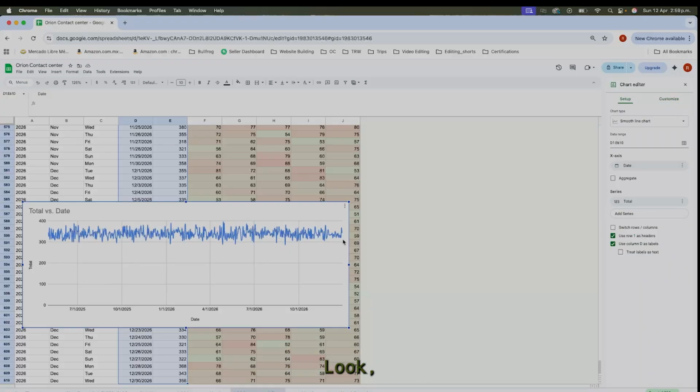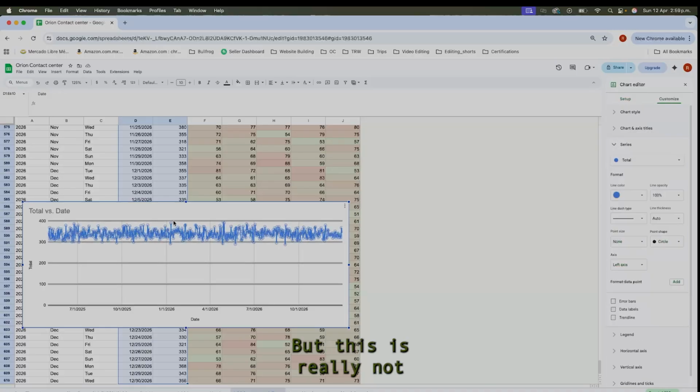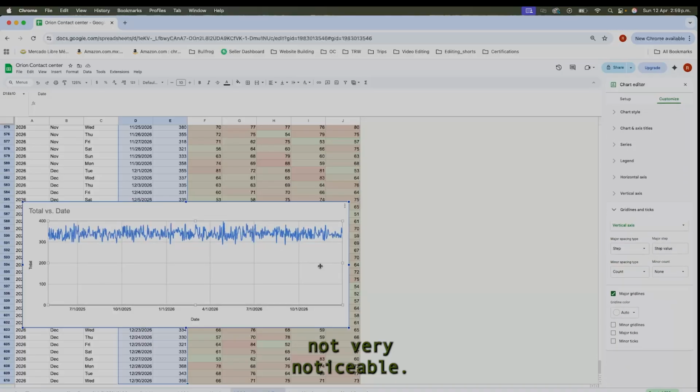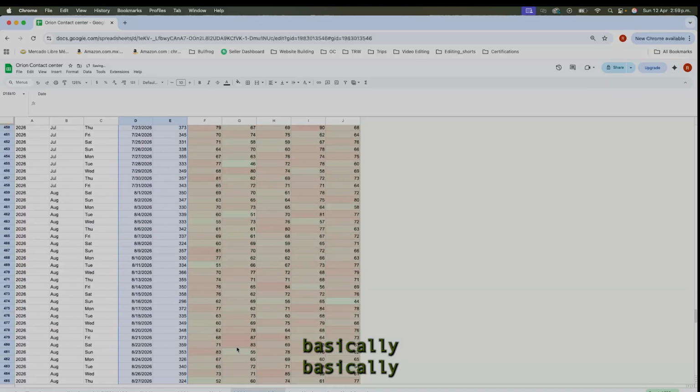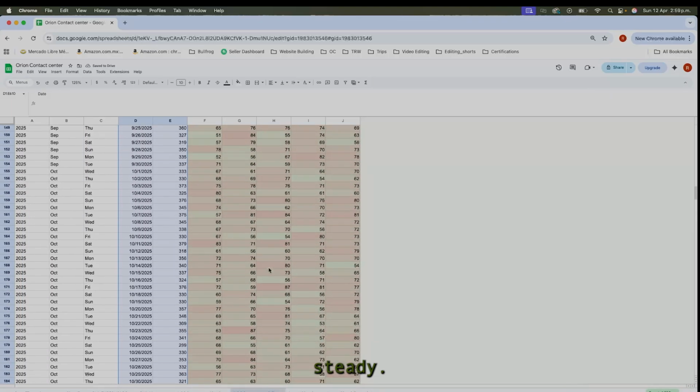Look, this is for 2 years' worth of info. So we have some spikes here, but this is really not very noticeable. We have some downsides, but basically it is always staying within this range of number of interactions. So it is basically steady.